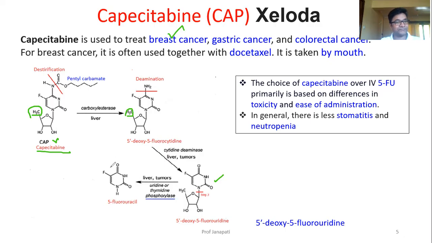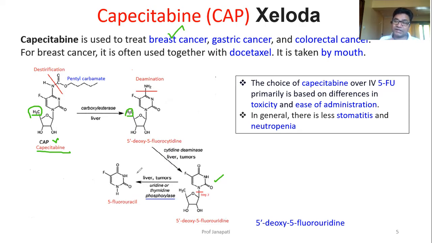This 5-fluorouracil acts similar to what we studied in the previous slide. It is blocking the thymidylate synthase process suicidally. What is the advantage of this drug? It is given in the form of tablet, and slowly the drug is converted to 5-fluorouracil.